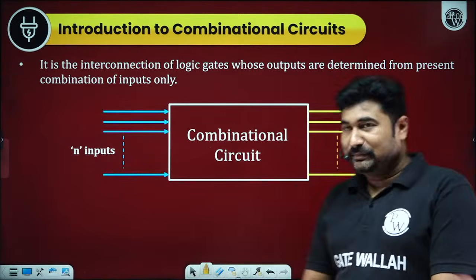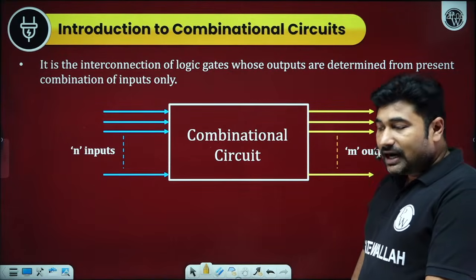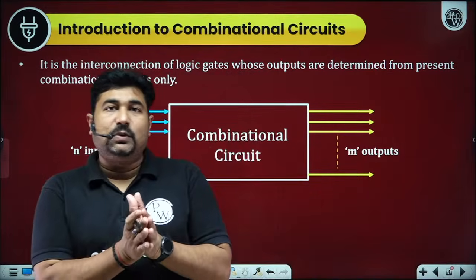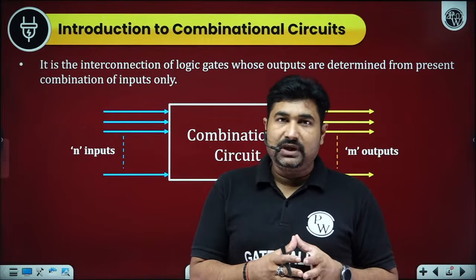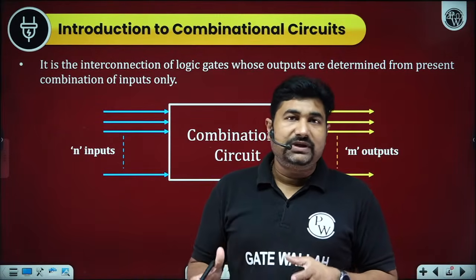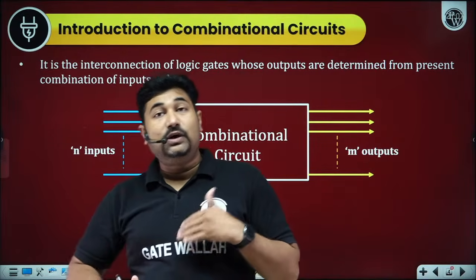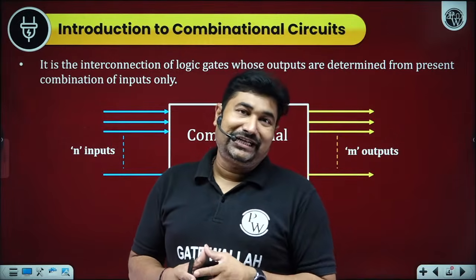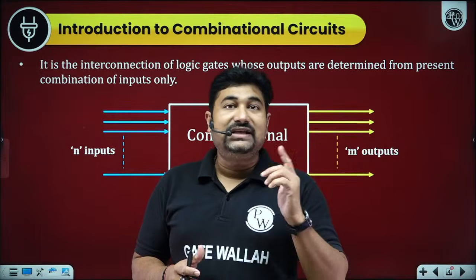Let's start. So please observe combinational circuit. The entire digital electronics is defined in two different domains. One is called combinational, and another one is called sequential. The basic difference is that in a combinational circuit, output only depends upon the input applied. However, in a sequential circuit, output depends upon the input as well as the previous state.